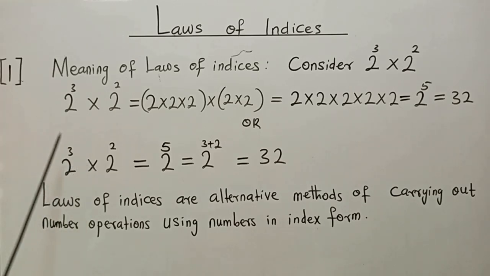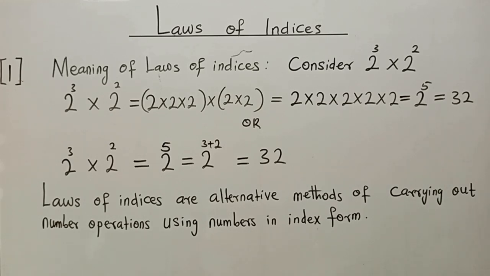Next is division and things that come from the two, that is, derivatives of multiplication of index numbers and division of index numbers. There are no laws for adding indices, no laws for subtracting indices, at least as far as today's practice of number operations in indices is concerned.